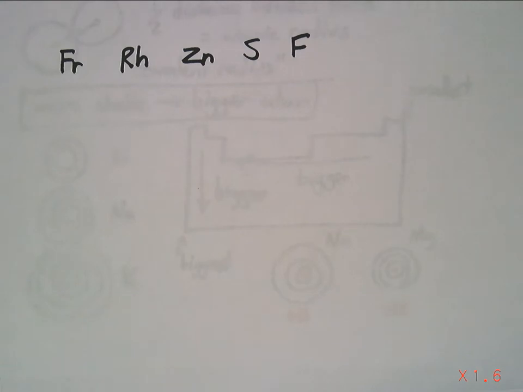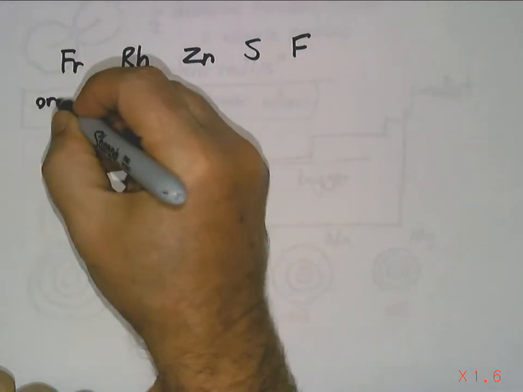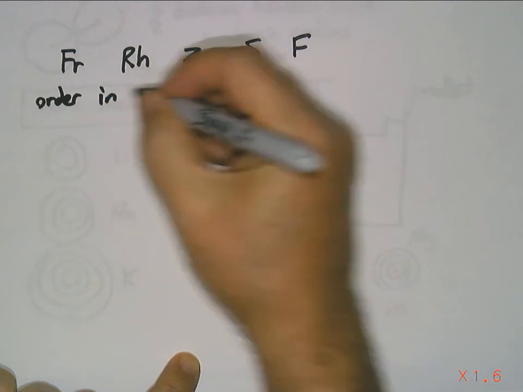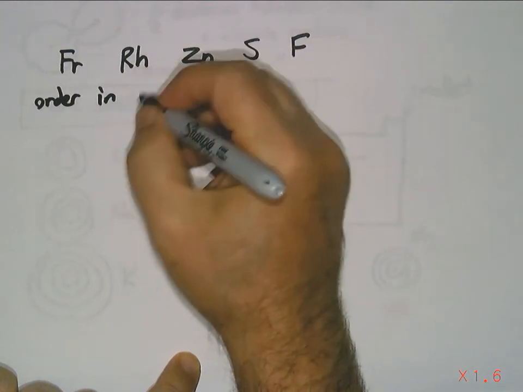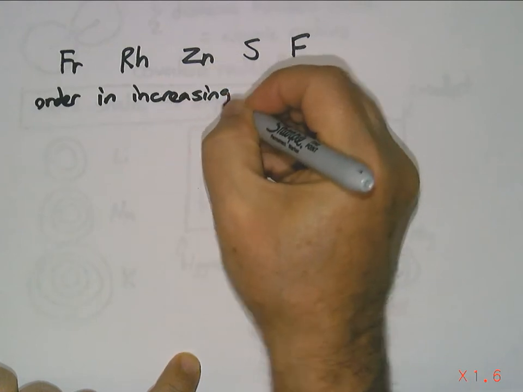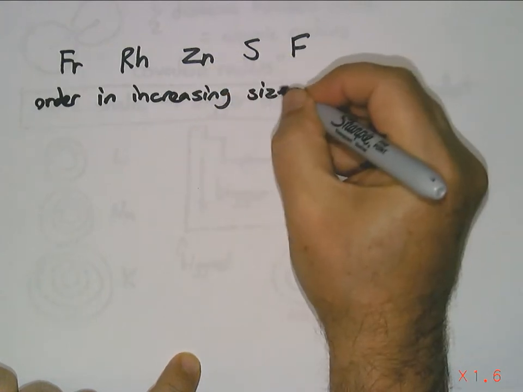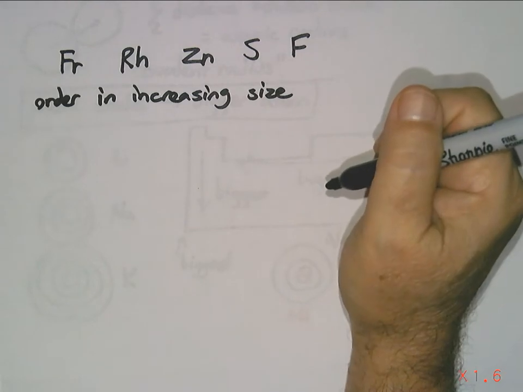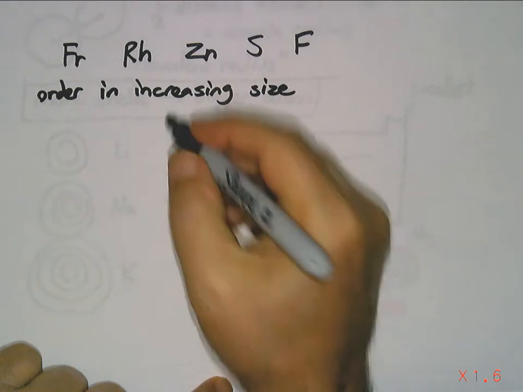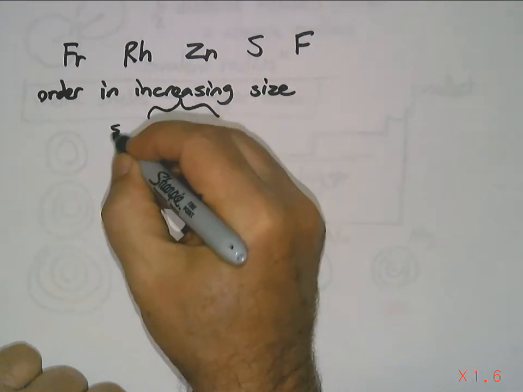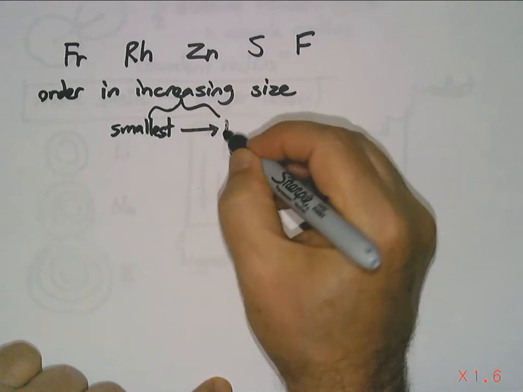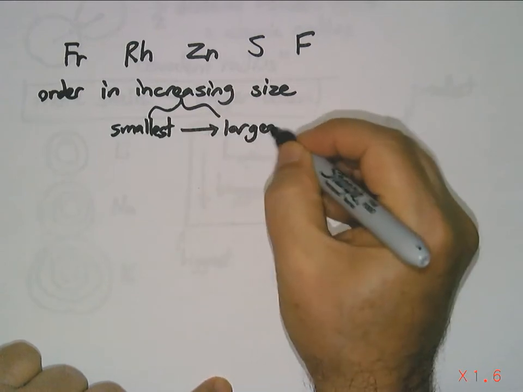And they say, order them according to increasing size. So when someone says increasing size in a question, they want you to put the smallest one first, and the largest one last.